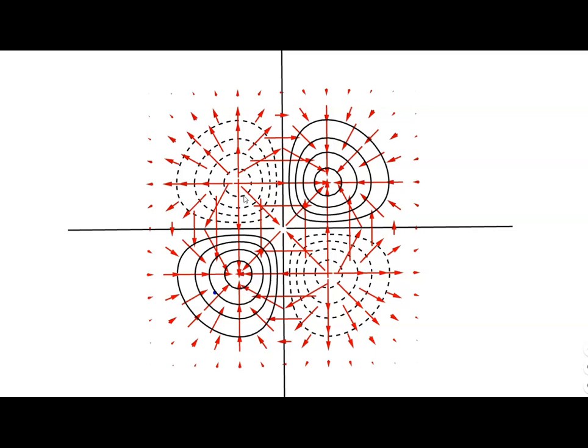So at this point right here, we'd expect the divergence to be as positive as can be because all of these vectors are pointing out from this spot. So the divergence is going to be very positive here. At this spot, it's going to be very negative. And so that would represent the Laplacian, the divergence of this vector field.